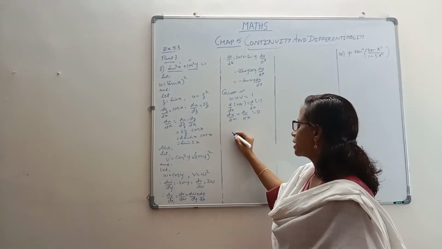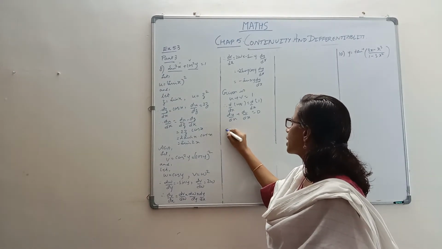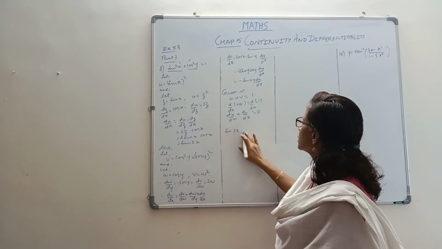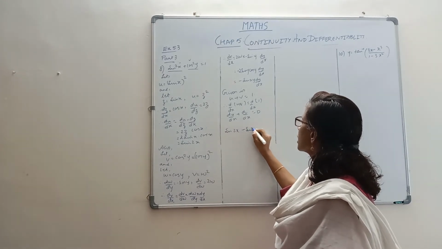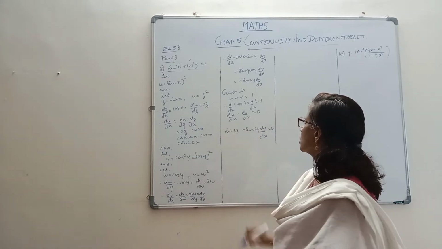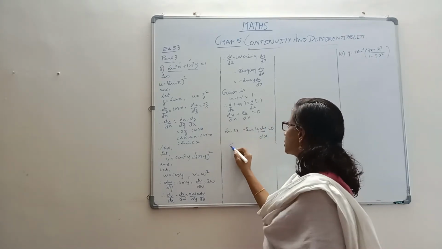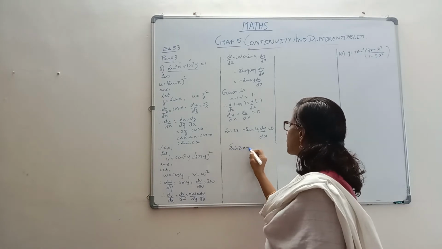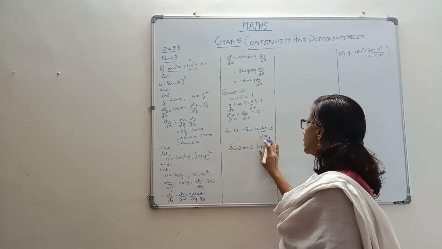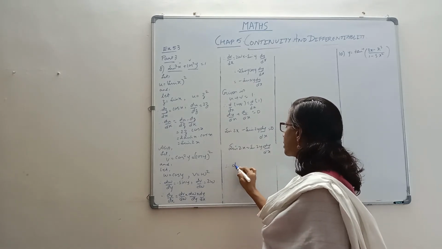Now du by dx we have, it is sin 2x. dv by dx we have, it is minus sin 2y dy by dx. This side it's 0. So let's have this term transported. Sin 2x becomes sin 2y dy by dx. Let dy by dx stay there and sin 2y go on the other side.